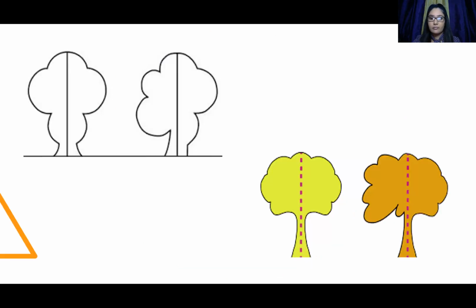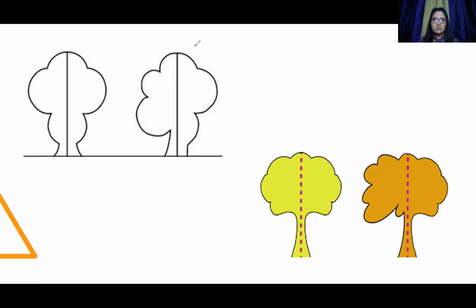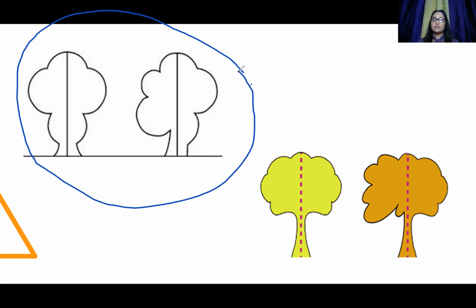Okay, what do you all notice? Let's look at the first image on the top left-hand corner of the screen, the black and white image. Let me just circle it so you all will know. Let's look at this image.